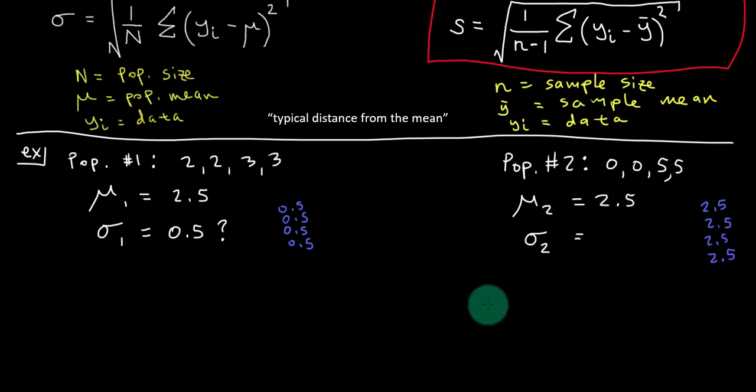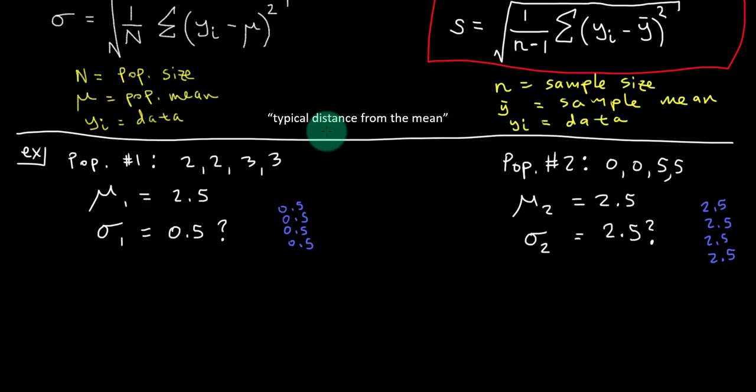What would be a reasonable guess for the standard deviation? Probably 2.5. Awesome. So that's kind of the backbone to standard deviation. It's the typical distance from the mean.